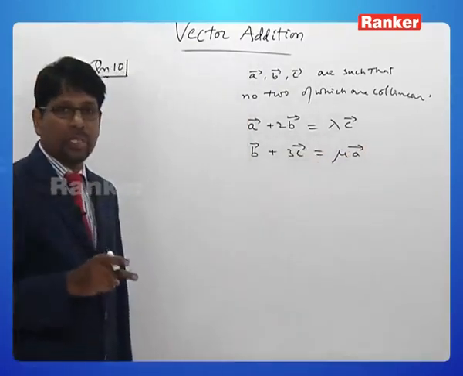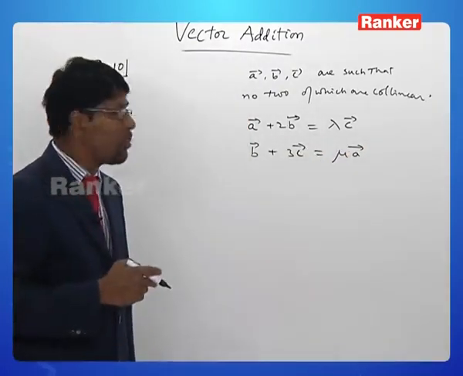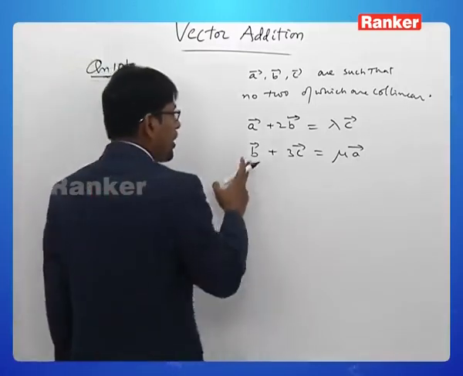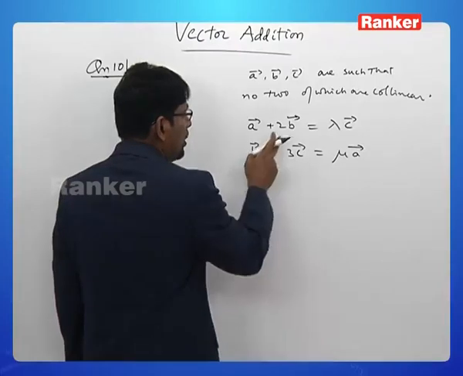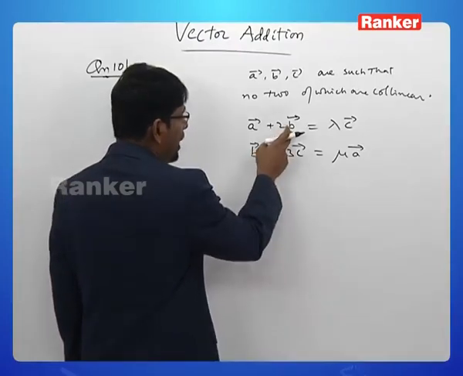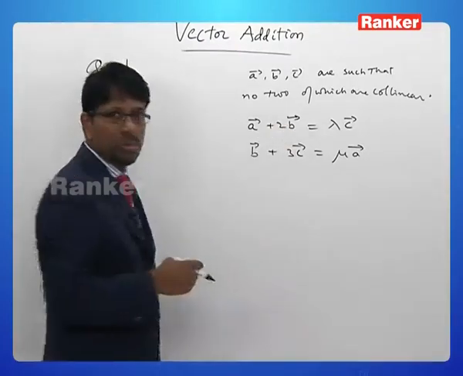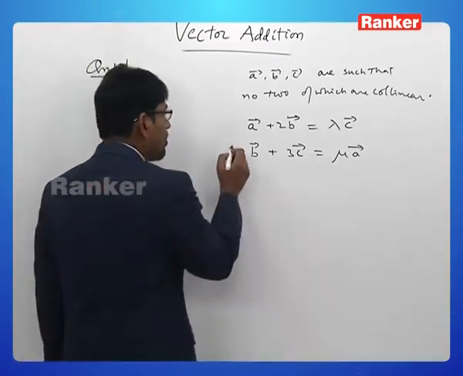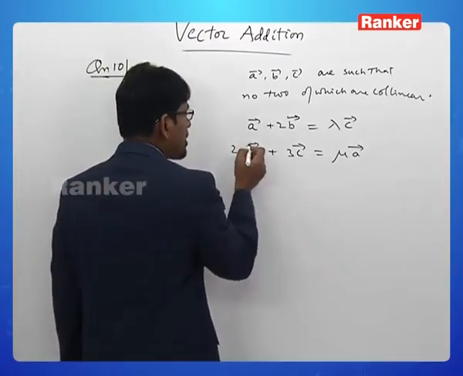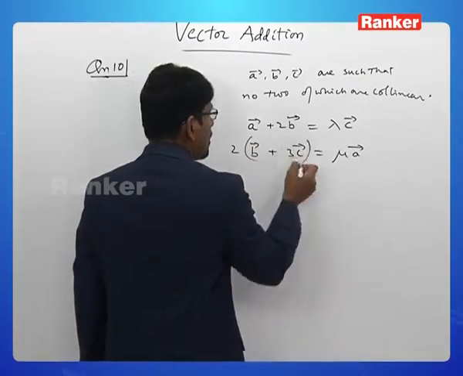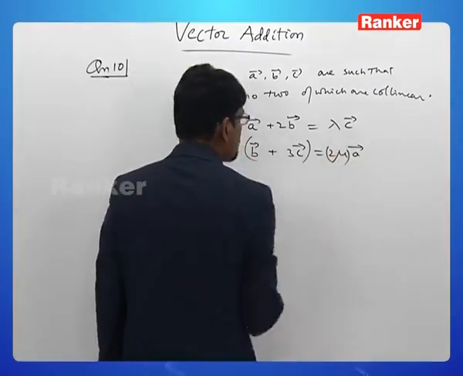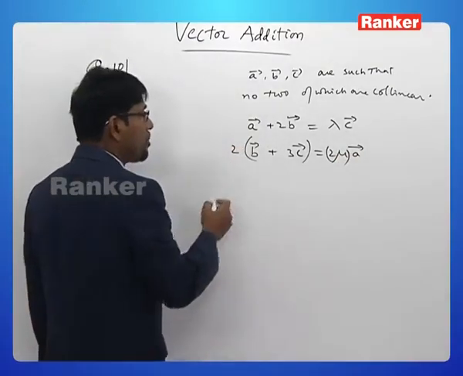If two vectors are collinear, one can be expressed as scalar multiple of other. So we have this thing. Now what we'll do is, we will eliminate B bar from these two. How do we do that? We'll multiply the second equation with 2. So 2B bar plus, so 2 here. And now subtract one from the other.